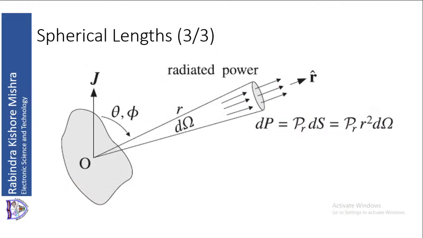That we can see pictorially here on the spherical length, the dl phi and dl theta on a spherical surface, that is subtending a solid angle d omega, and you can see dp is equal to pr ds or pr r square d omega, where dp is the power radiated through this solid angle. So radiated power p.